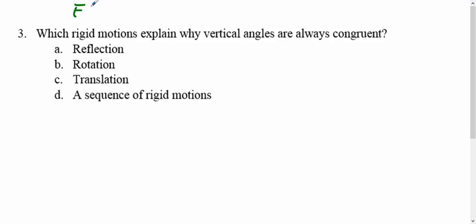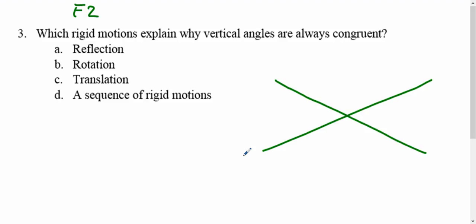This question comes from Framework 2. And it's discussing vertical angles. Remember, vertical angles are those angles that are formed by 2 intersecting lines like this. Could be 2 angles that are across from each other, either left and right or top and bottom.